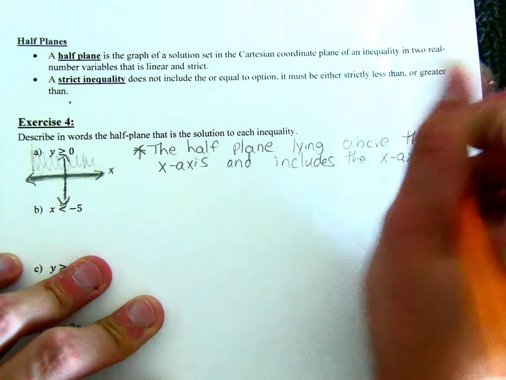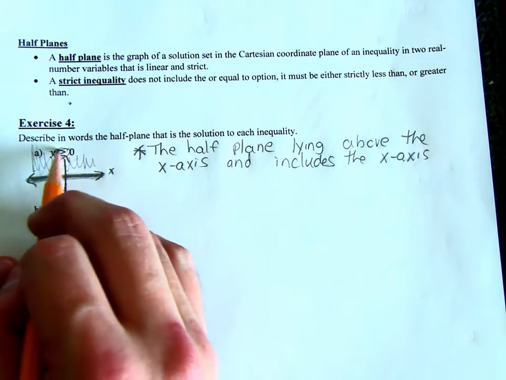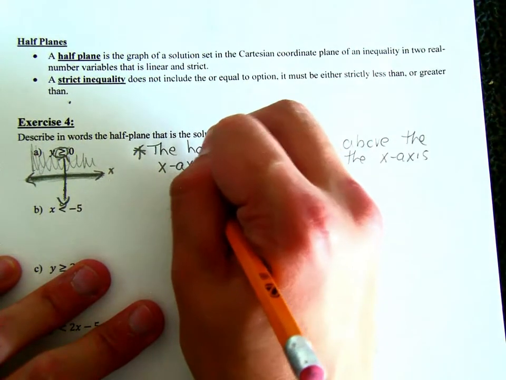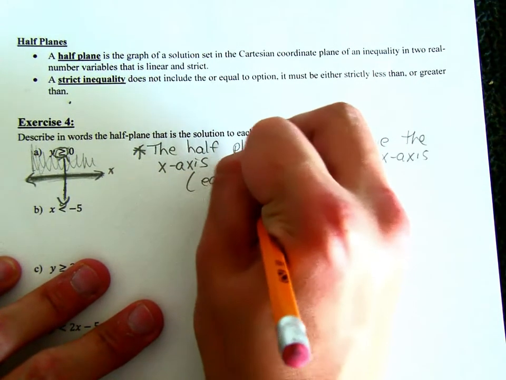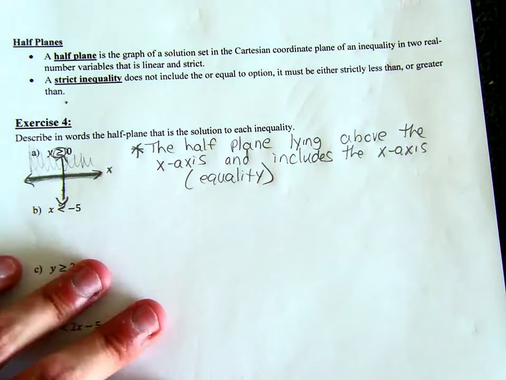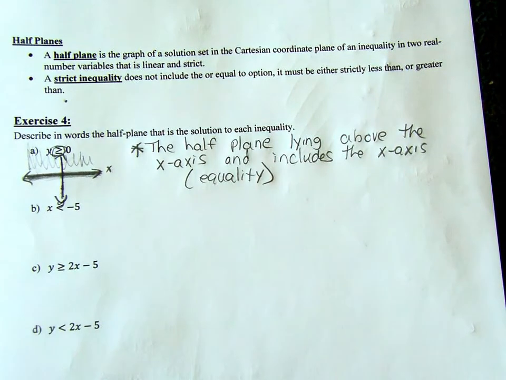And it includes the x-axis because we have that equality. So it includes that x-axis because of equality. Because we have greater than or equal to, so that's equality. So now let's look at part B.